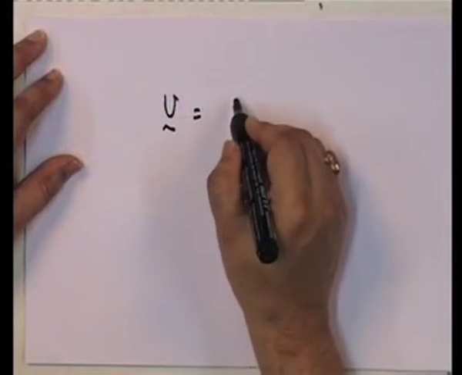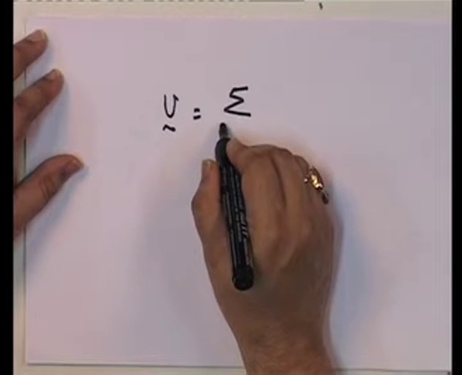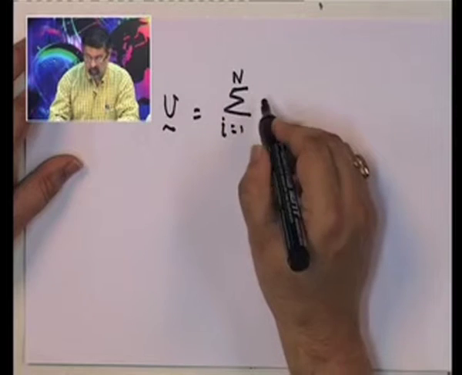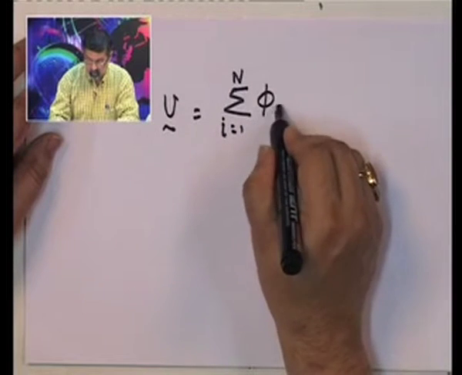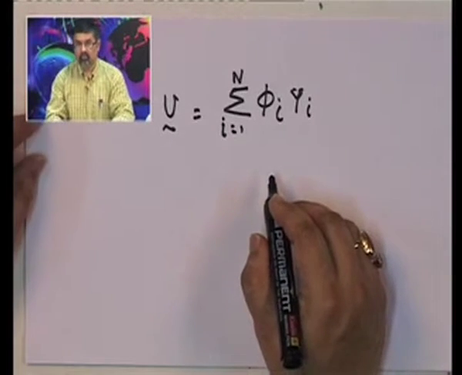Again, I just showed you in the last lecture that we can indeed write the displacement as a sum over i going from 1 to n of phi i y i. Okay?